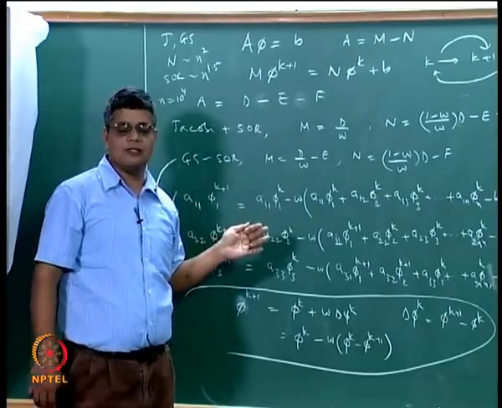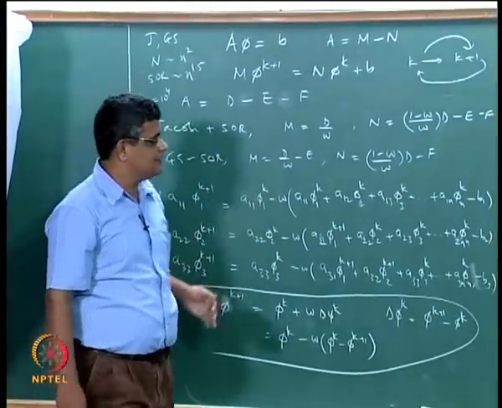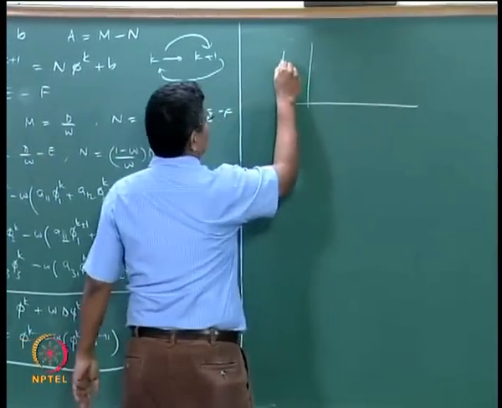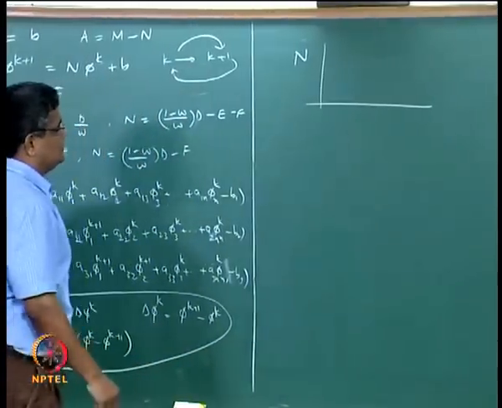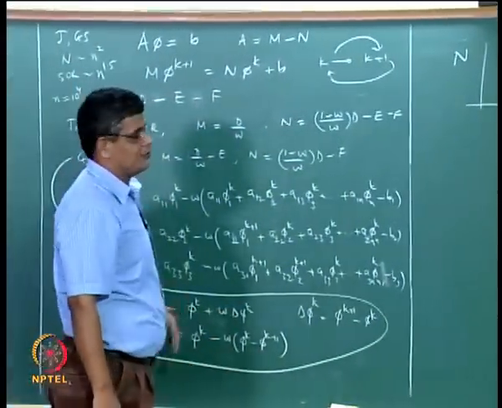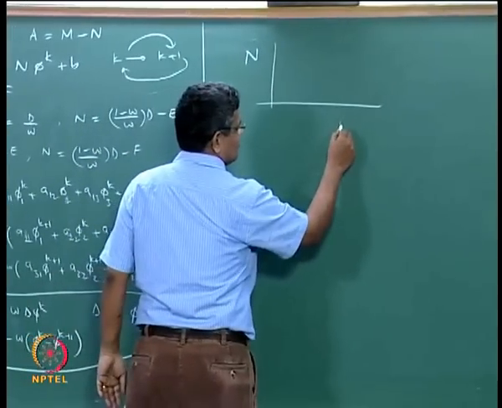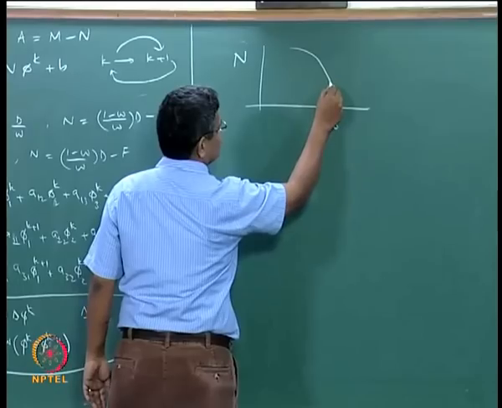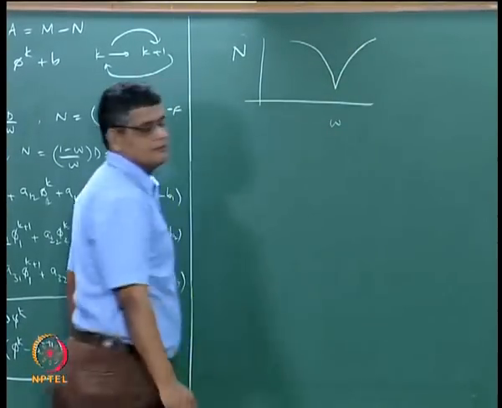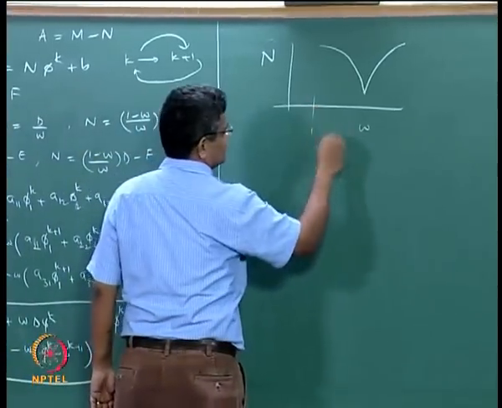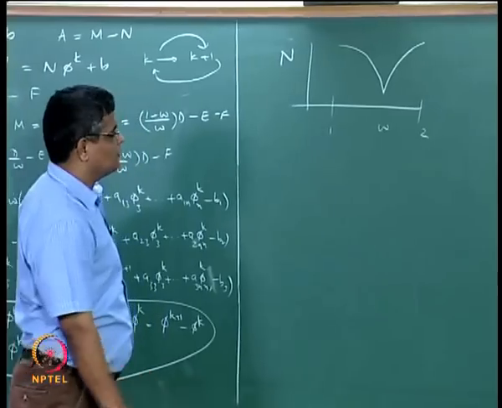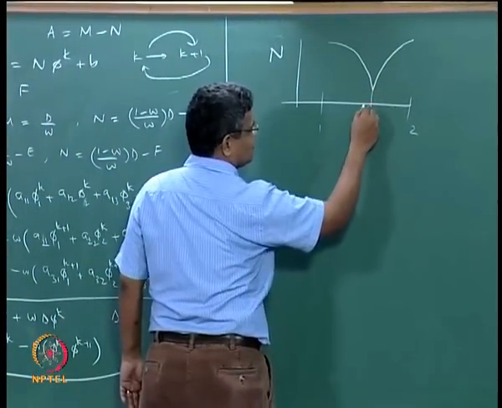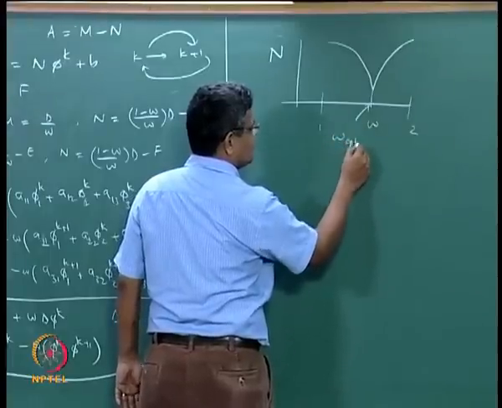If we are suboptimal, let us just make a schematic sketch here. N is the total number of mathematical operations to get a solution, and omega is the parameter here. Typically N may go down like this, between 1 and 2, which is typically the over-relaxation range, and this is the optimal value of the parameter.